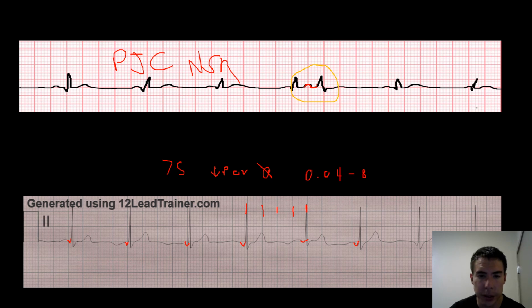QRS is really narrow, about 0.08 also. So with that, regular rhythm, rate of 75, inverted P waves or possibly no P waves, depending on what you see, regular QRS, and short PR interval. So that tells us with the rate of 75 that this is an accelerated junctional rhythm.